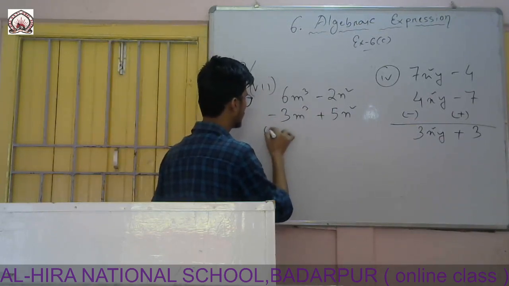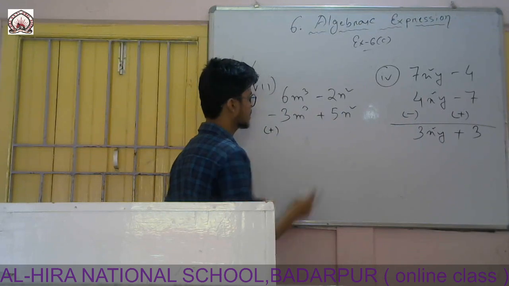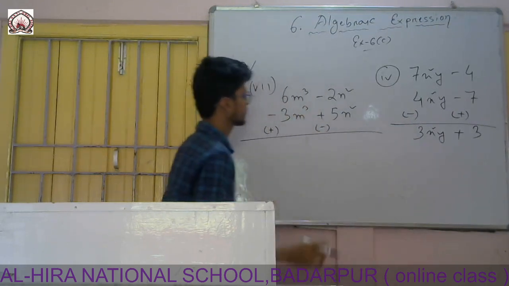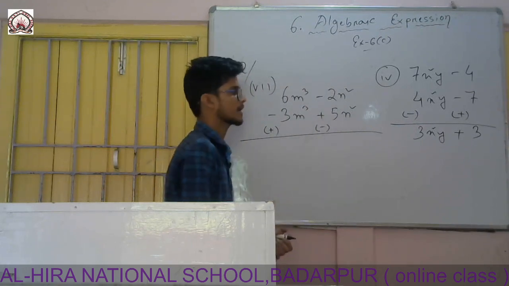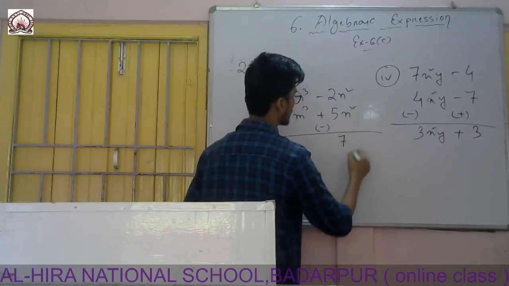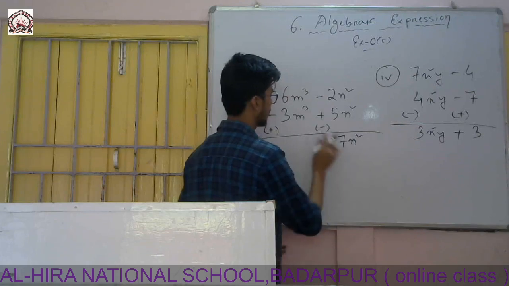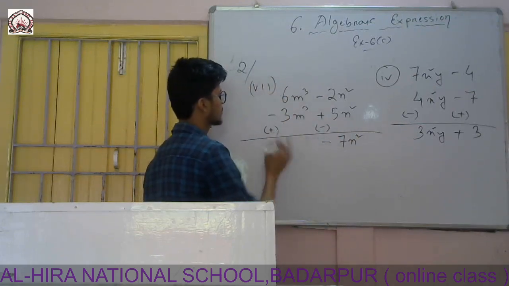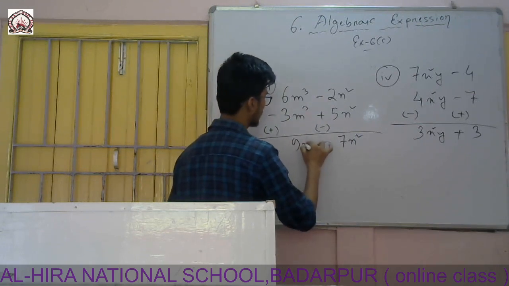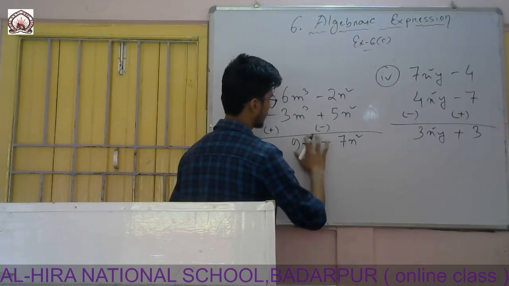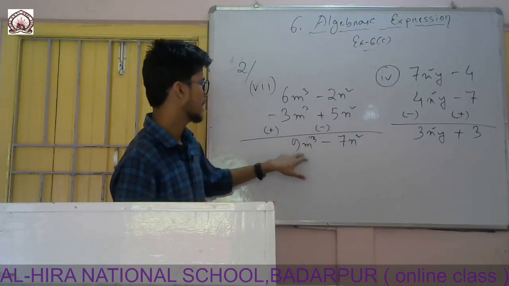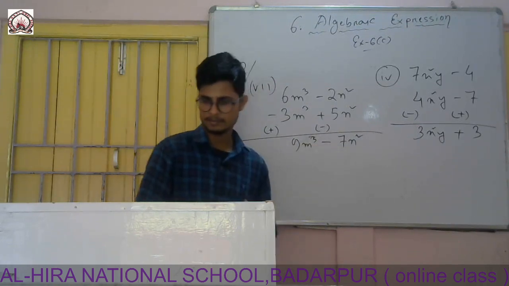Since it is plus, I will put minus; this one is minus, so I will put plus sign, and this one is plus, so I will put minus sign. So now minus minus it is plus. 5 plus 2 is 7. Variable is n square. 5 is greater, so minus sign. Again plus plus it is plus. 6 plus 3 is 9 m cube, and 6 is greater, so plus. So plus 9m cube minus 7n square.